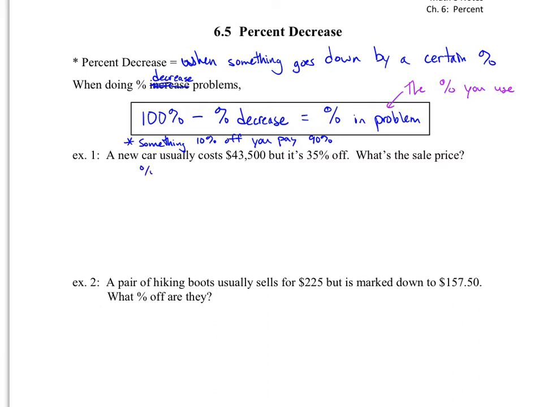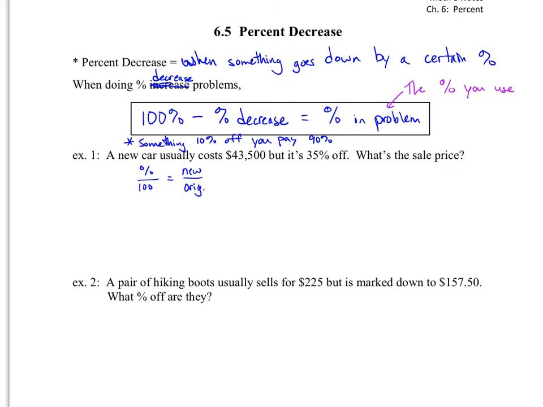Start out with proportion. It's percent over 100 equals part over whole, or the other way you could do it is new over original. So there's kind of the formula we're going to use.